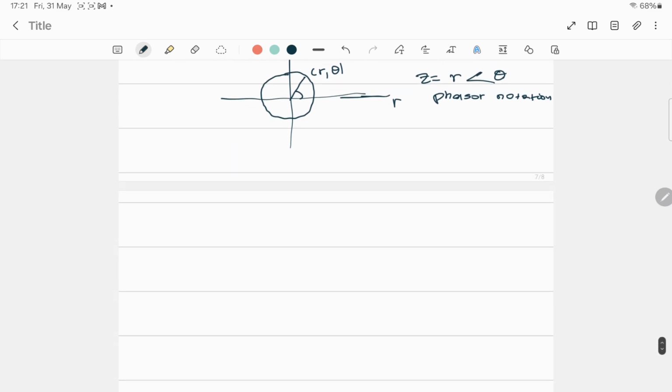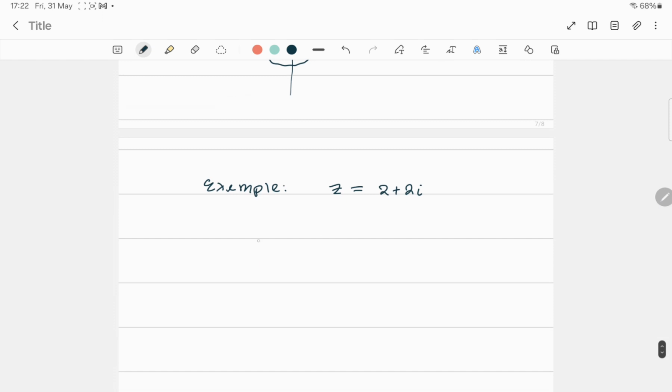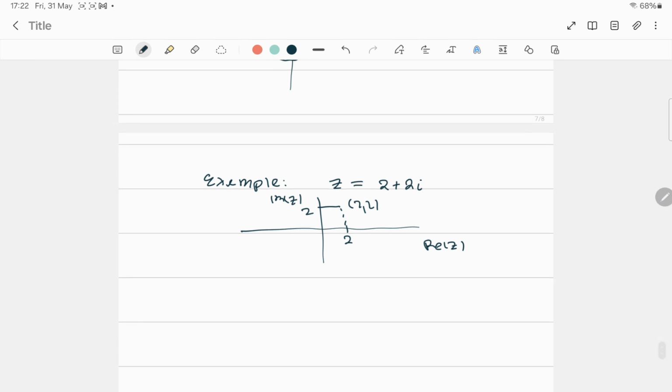So let's see an example. Let's assume that we have the complex number z equals 2 plus 2i. The real part of z, the imaginary part of z. I have this complex number.